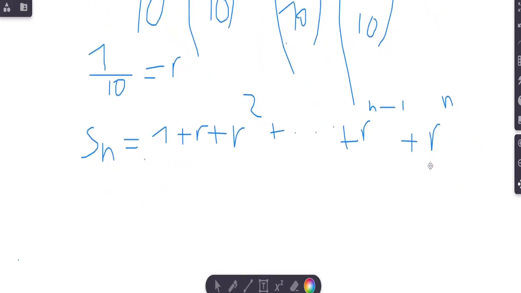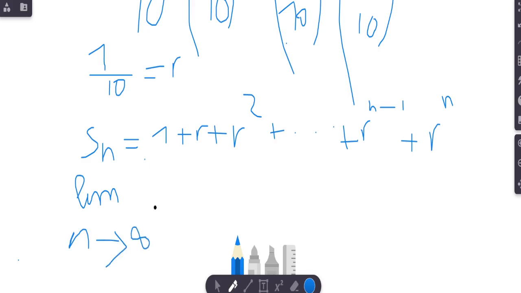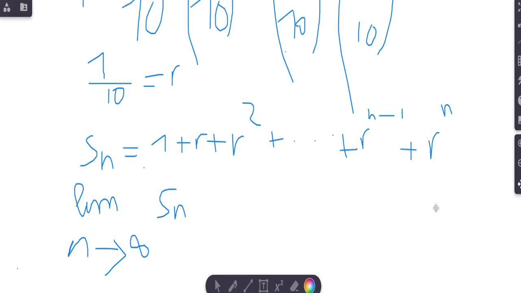Okay. And the infinite sum is a limit, basically. Limit when n goes to infinity of Sn. Okay, that's the infinite sum that we had right here.